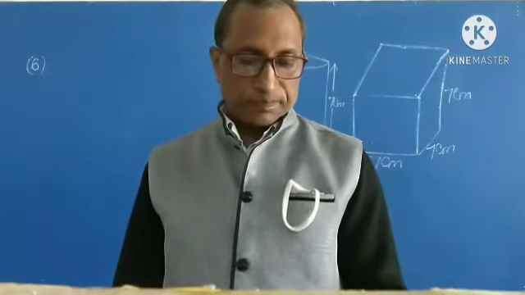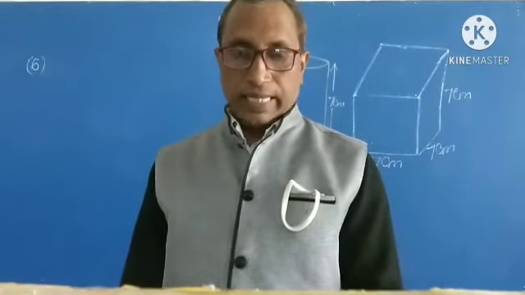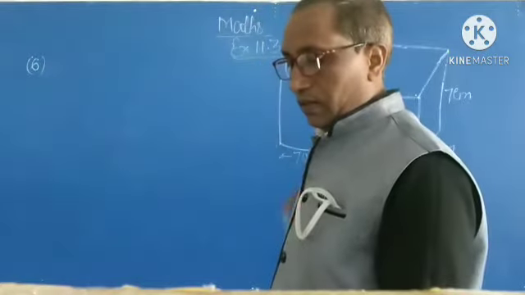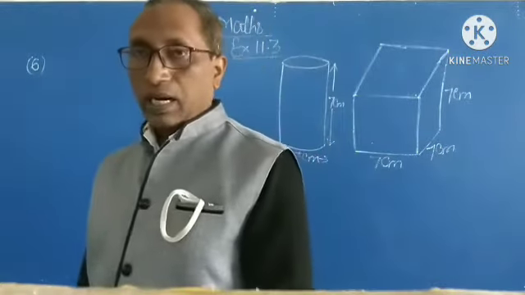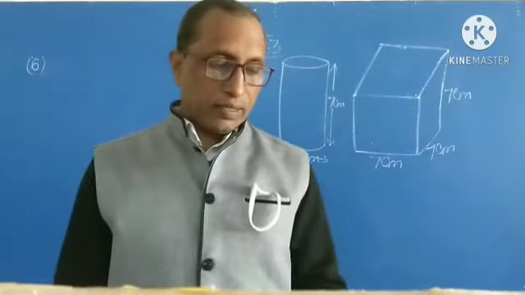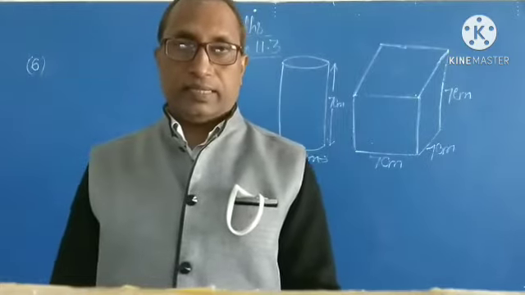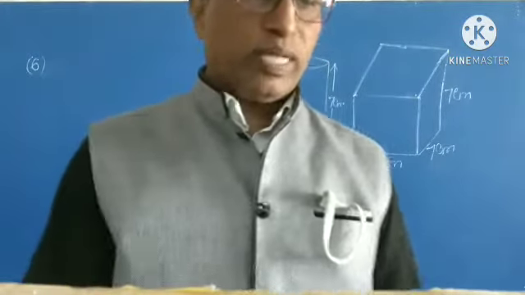Question number 6. Describe how the two figures at the right are alike and how they are different. Which box has larger lateral surface area? Okay.